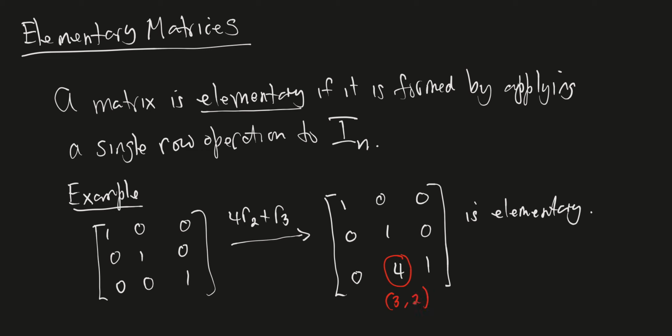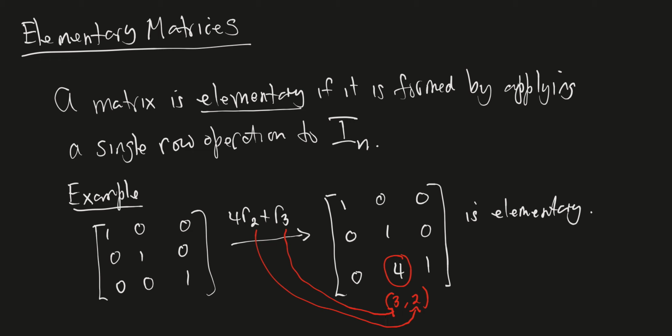It comes from that 2 and that 3. So in general, if you have something like an identity matrix and you have a single entry that's either below or above the main diagonal, the position of that entry will tell you exactly what row operation was performed. Right? In fact, it's going to be your times row add.